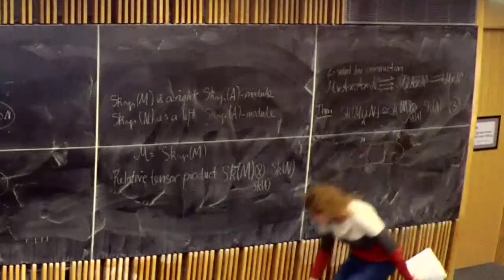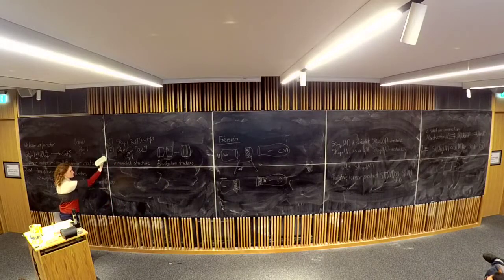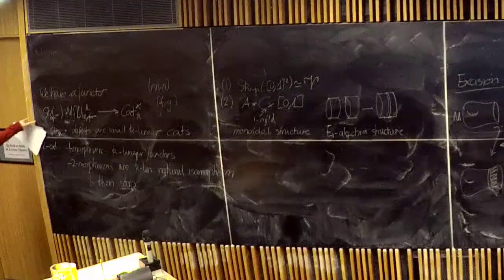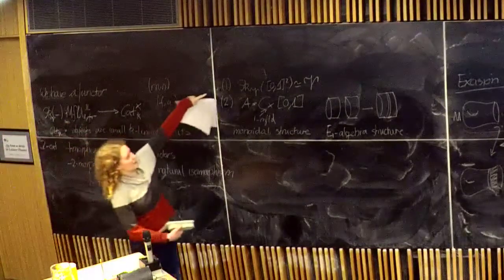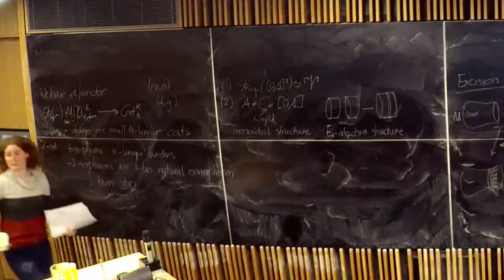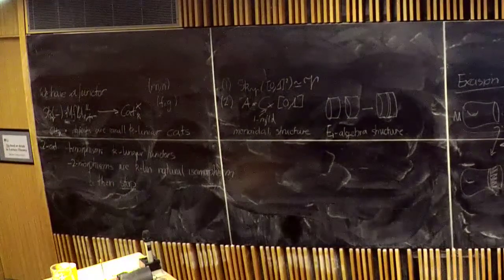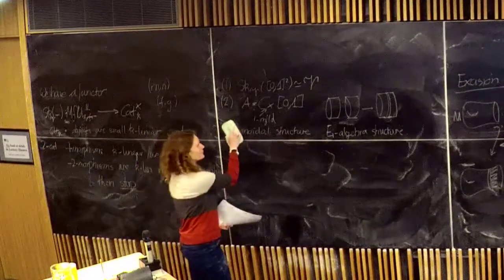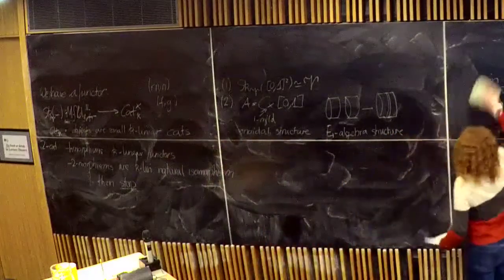If this thing satisfies 1, this satisfies 2, and this satisfies 3, then those three facts about a certain functor actually fully characterise a factorisation homology. So if you have a functor like this, satisfying 1, 2, and 3, it is a factorisation homology, which you're just going to have to accept, but it kind of makes sense. Homology theories tend to be characterised by certain properties that they satisfy.